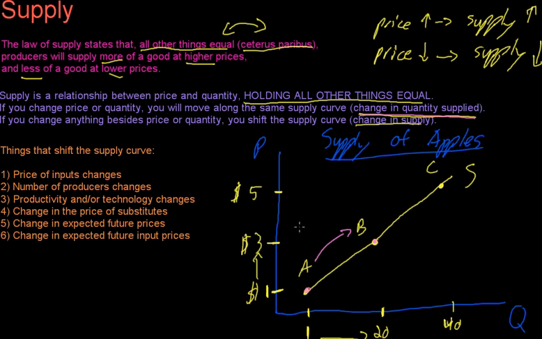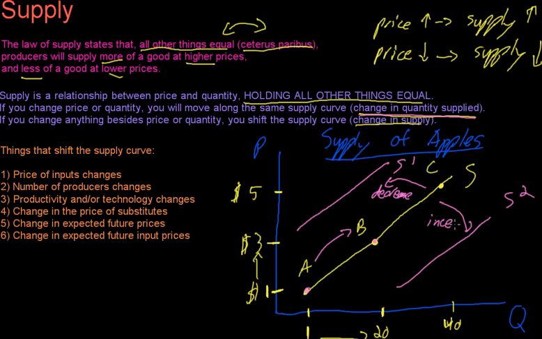So that would decrease supply, and that would be a shift to the left in supply. To the left is a decrease, and to the right is an increase. So we'll call this S1, and this would be S2. A move from S to S1 is a decrease in supply, and from S to S2 would be an increase in supply.